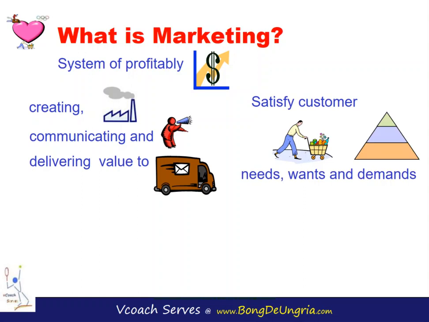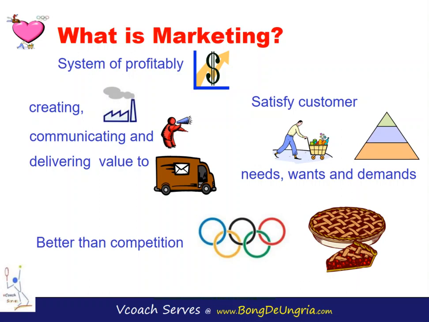The three things are represented by the pyramid: needs, wants, and demands, and the customer is this person pushing a grocery cart, and doing that better than competition. And what is a better symbol for competition than the Olympics, the ultimate competition?